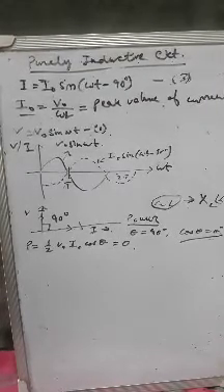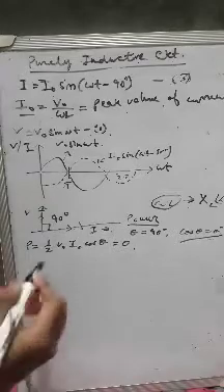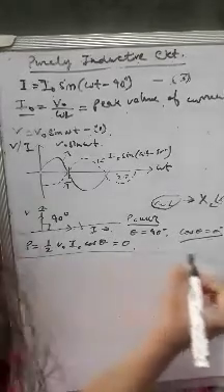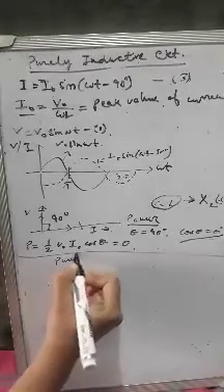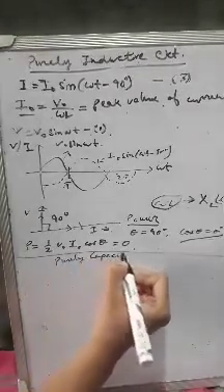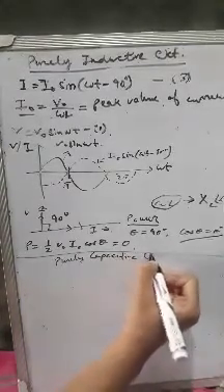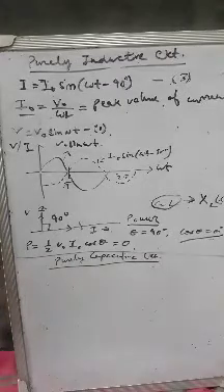Now students, till now we have covered the purely inductive circuit, the power also we have done. Now let's move on to the purely capacitive circuit. I will do the circuit diagram for the purely capacitive circuit. I'm writing the circuit in short, but in your exam write the full thing.